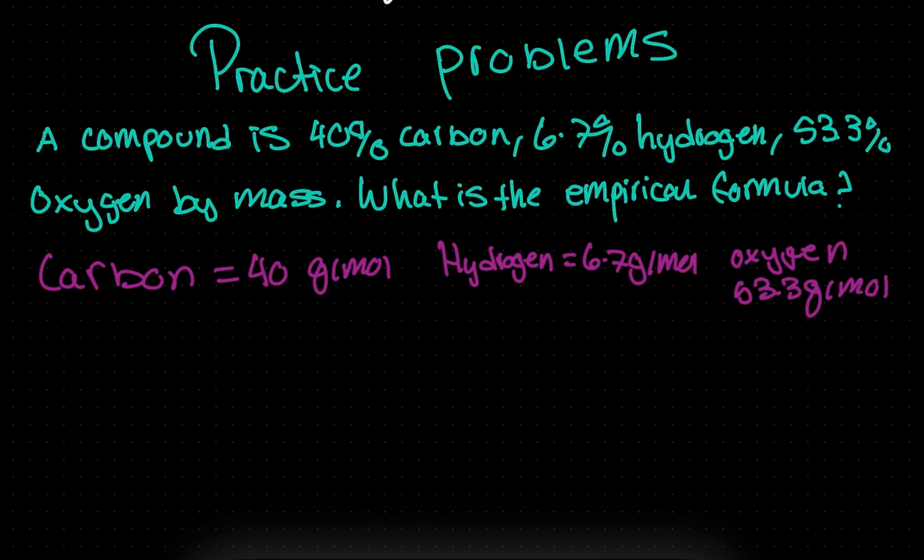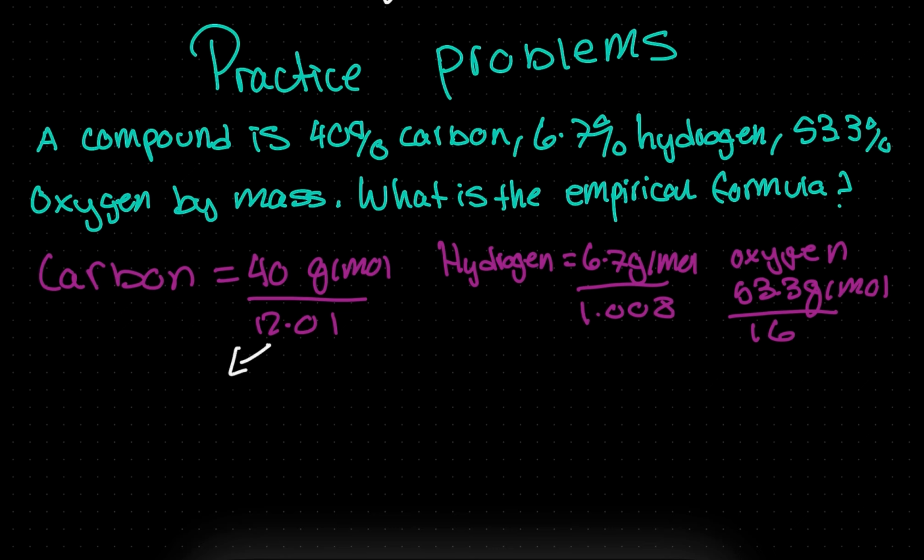So, if you remember from the earlier steps, you have to use the molar masses. So, grab your periodic table and let's find them. Molar mass is the atomic mass. So, what is carbon's? 12.01. Hydrogen's 1.008, and oxygen's 16.